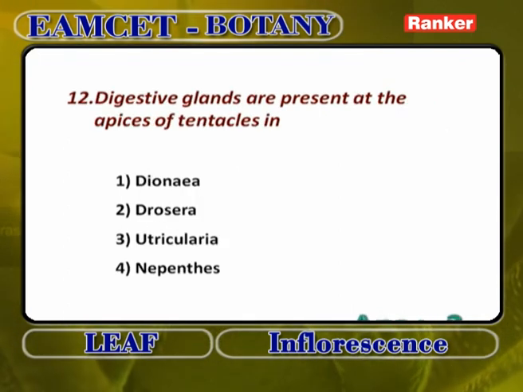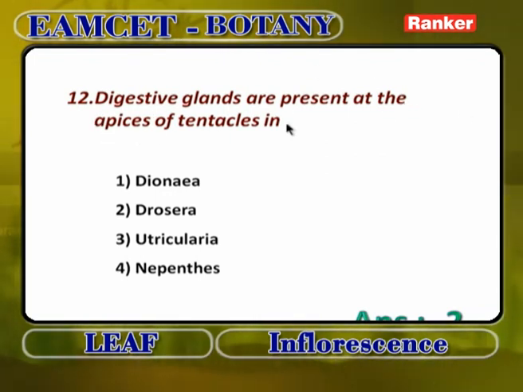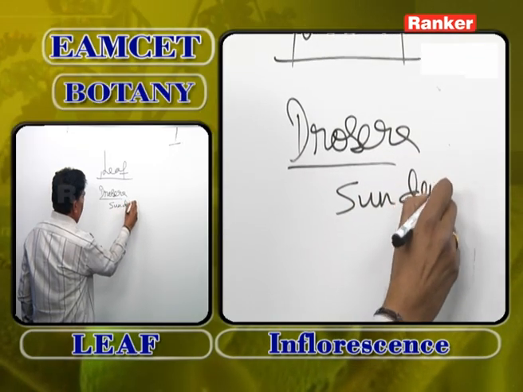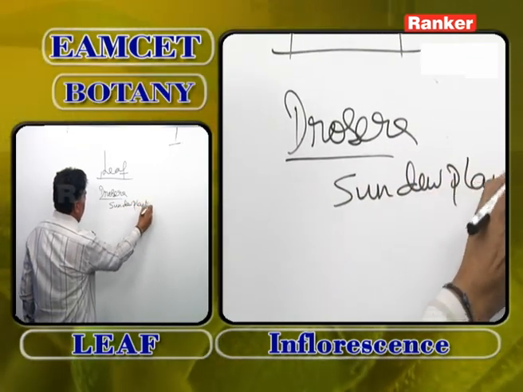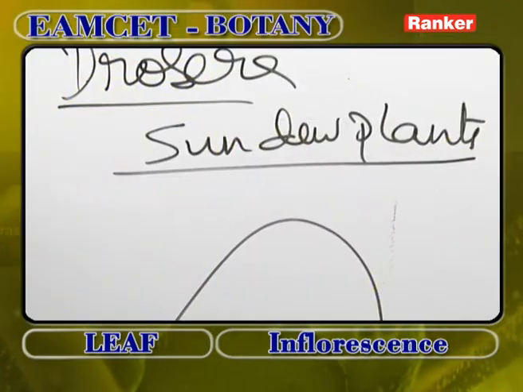Next, digestive glands are present at the apices of the tentacles in. Digestive glands are present at the apices of the tentacles in Drosera. Drosera is very popularly called the sundew plant. In this sundew plant, the leaf is spatulate. Spatulate means spoon-shaped leaves.